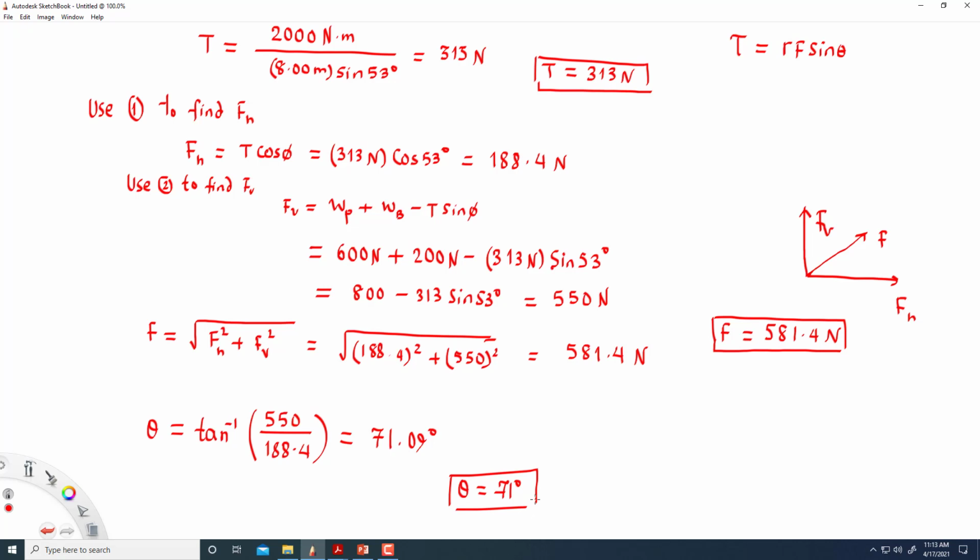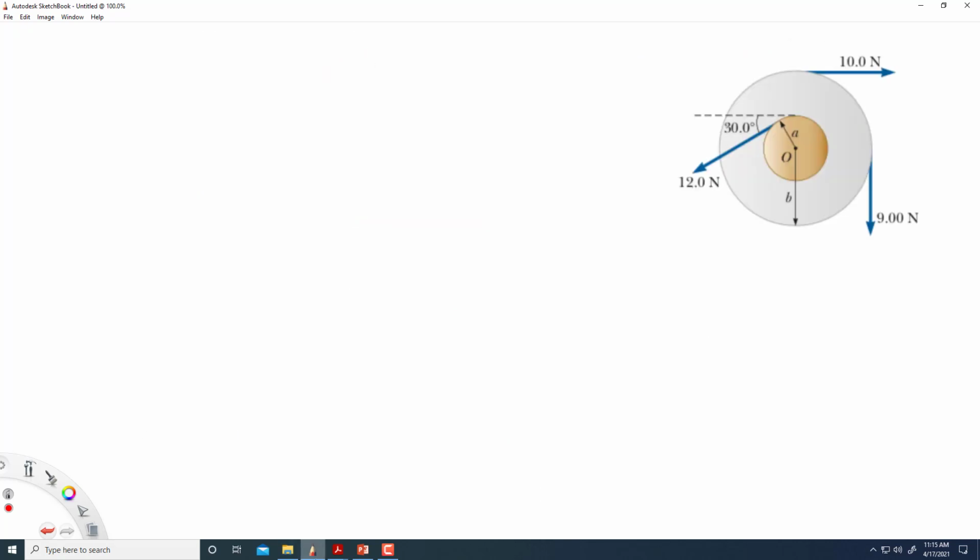Now let's look at worksheet 17. So the first problem is finding the net torque due to the forces. Okay, so let's find the individual torques due to these forces, and then we'll add the torques to get the total torque.